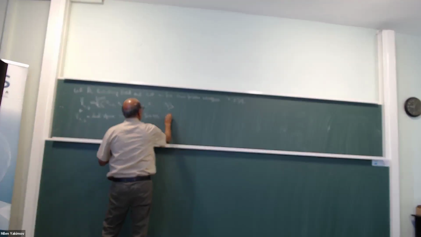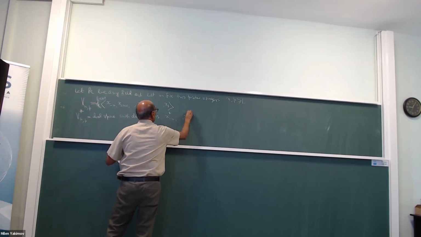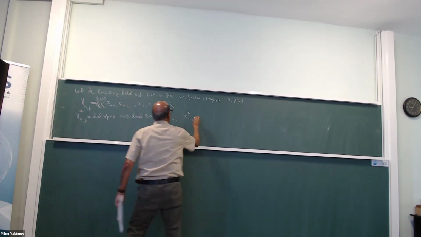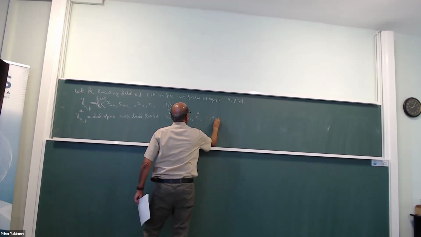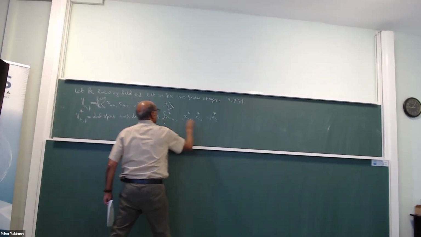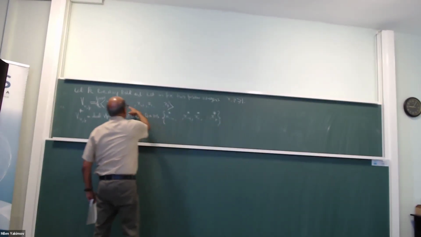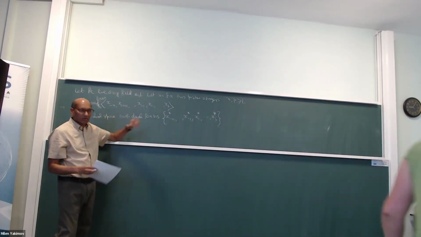I will just denote it by x_{-n}^*, and so on, x_{-1}^*, and then x_1^*, and so on. Just notice that I don't have x_0 here.